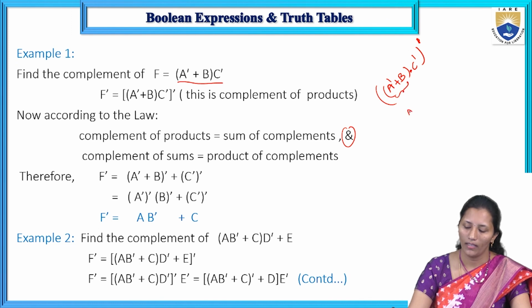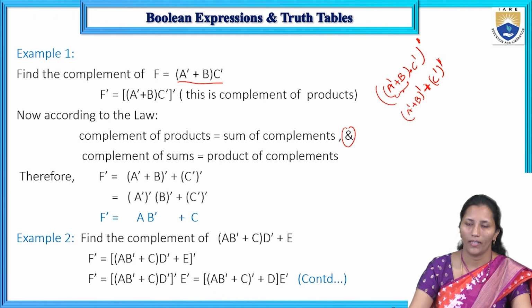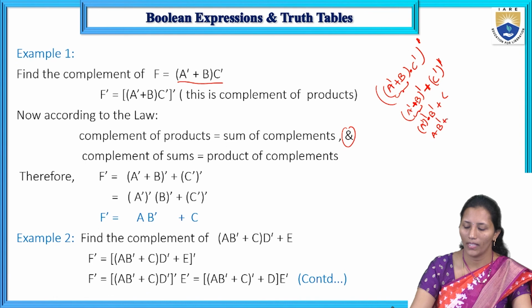So here products of individual whole complements. So here dot will become plus and individual product terms complement we will get. So again here we have an OR operation, A bar plus B whole bar. So here plus is there. So write down dot AND operation and complement of the variables, A bar whole bar, B bar plus C bar whole bar is C. So this is AB bar plus C we can write.